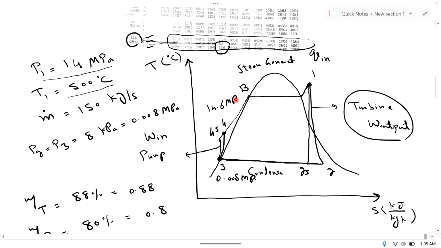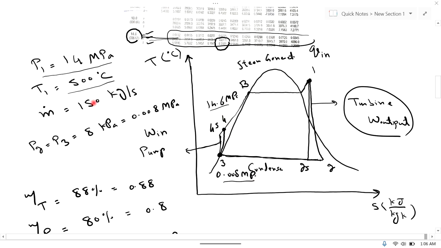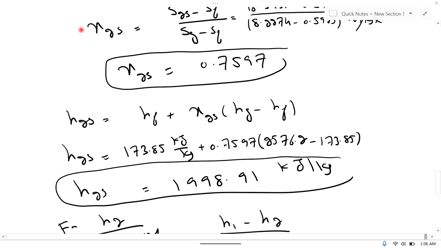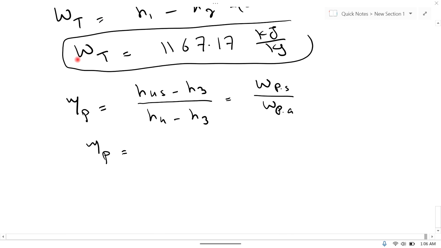So the main objective of the pump is to increase the pressure from 0.008 megapascal to 14.6. So the ideal work of the pump is equal to delta P into V3, change in pressure into V3, divided by the actual work of the pump.